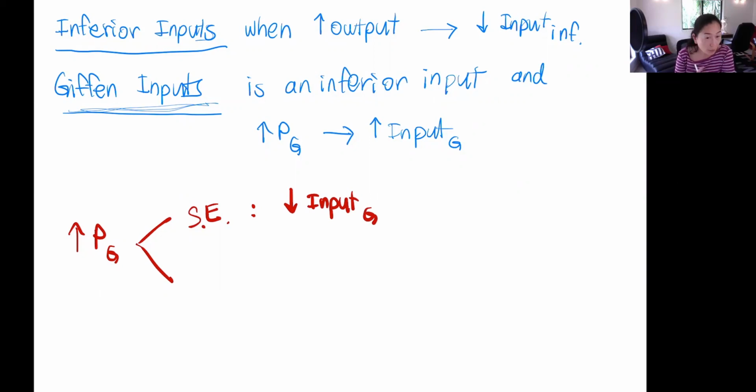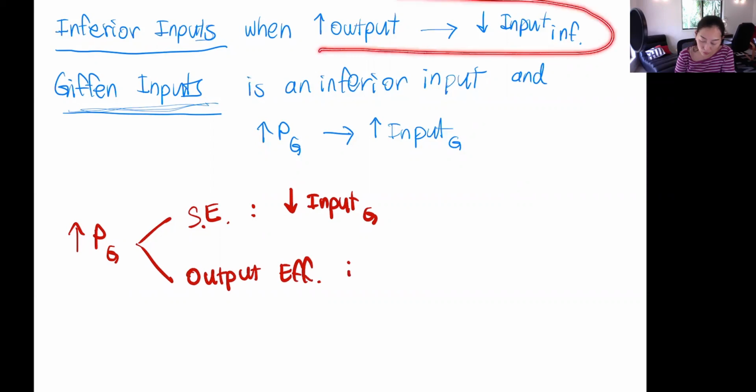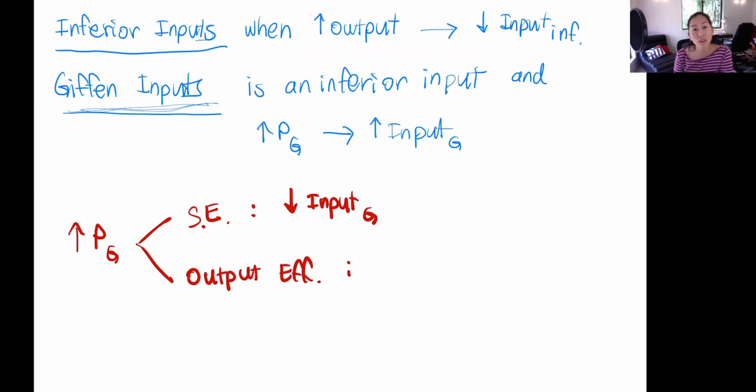The other effect, we don't have the income effect, by the way, because it is an input, so there is no income for the producer. Instead we have the output effect. This output effect follows the relationship of the inferior input.